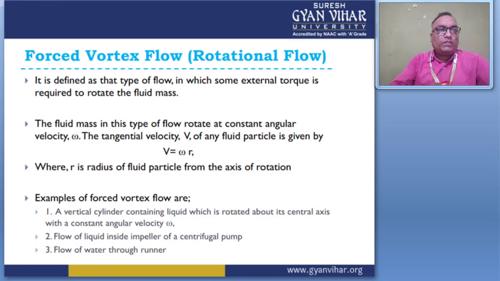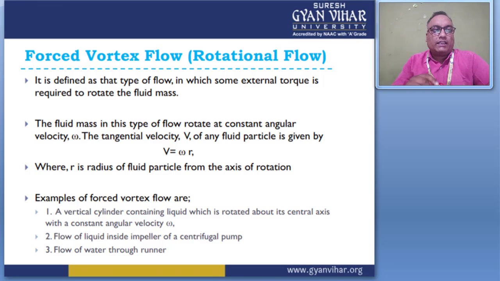So here is the definition of forced vortex flow, and this flow is related to rotational flow. And what is rotational flow? If any fluid rotates about its own mass center, this is called rotational flow.